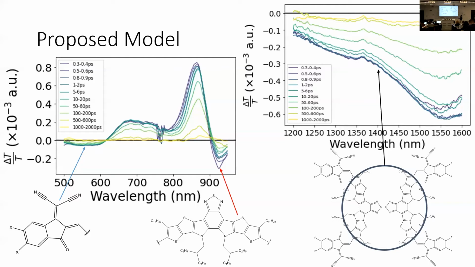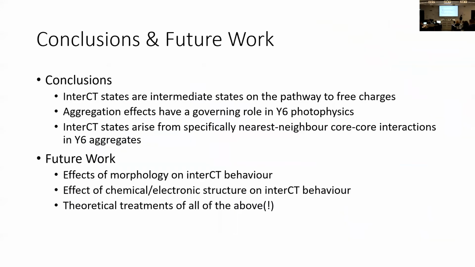And we assign these ones, where we see the same transition in both Y6 and IEICO at pretty much the same place, about 550, to N group centered transitions. So I should stress this is really a working model. We've got quite a lot of theory going on concurrently with this, which will hopefully either prove or disprove what our hypotheses are. But that's what we're working on at the moment.